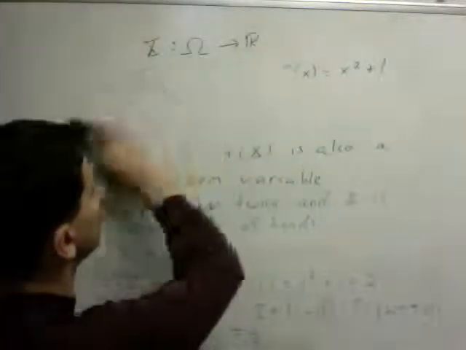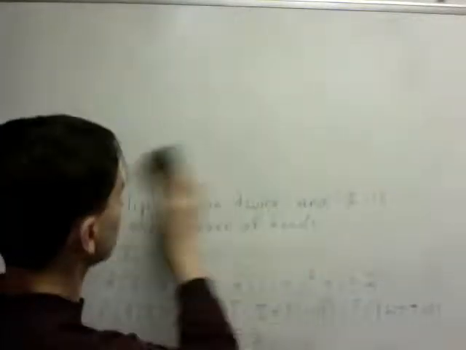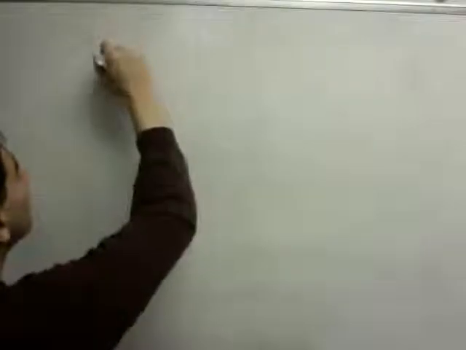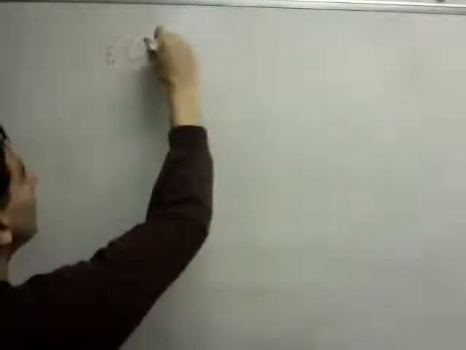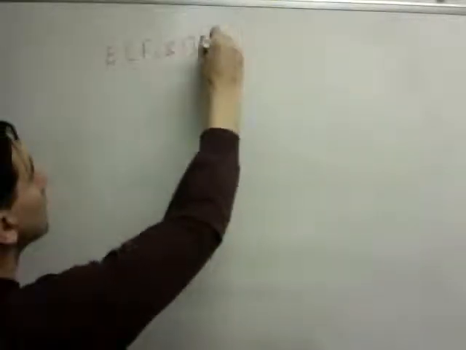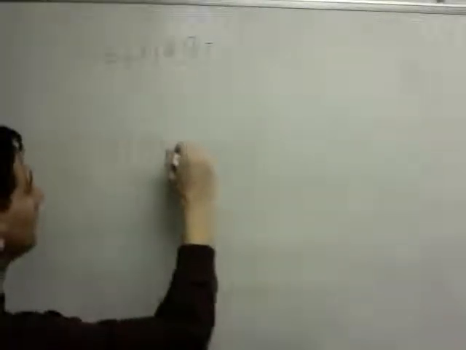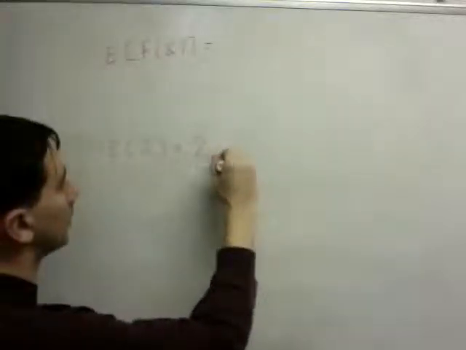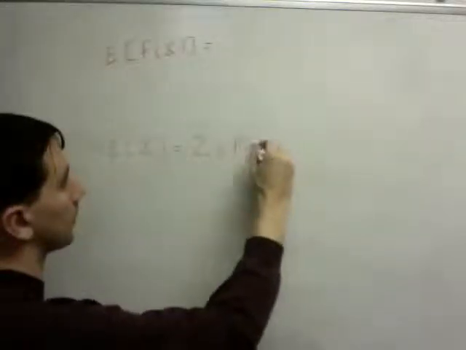But now we want to compute the expected value of a function of a random variable. So what is the expected value of f of x? So remember that the expected value of x is equal to the sum, you just add i times the probability that x is i.